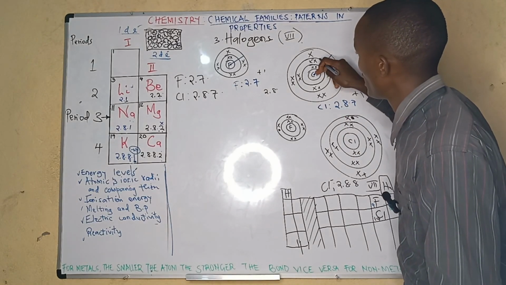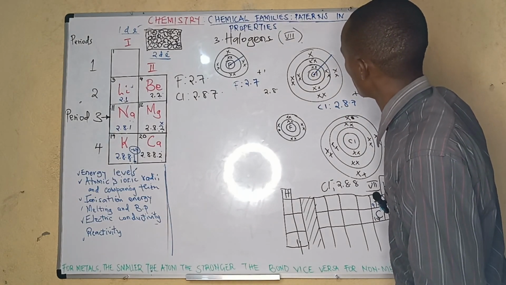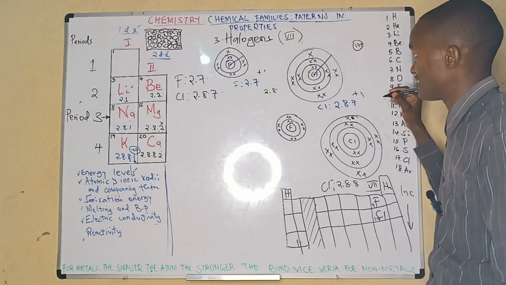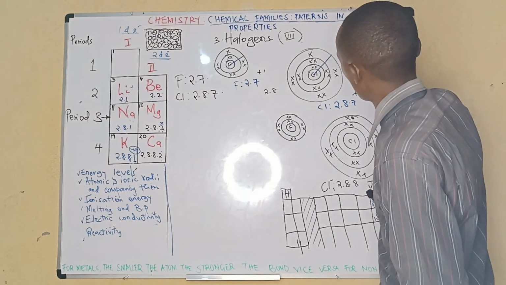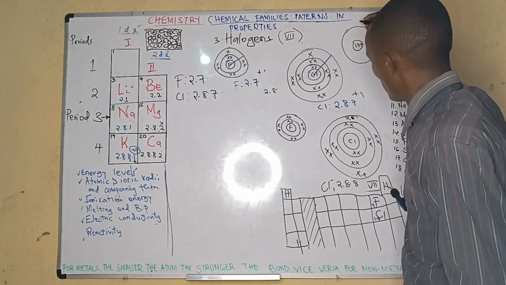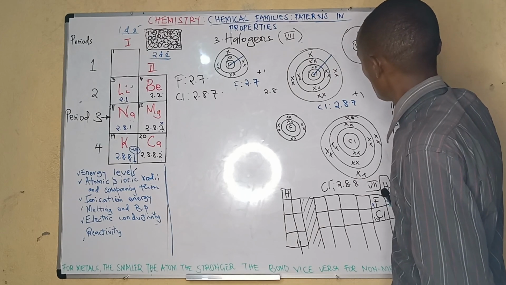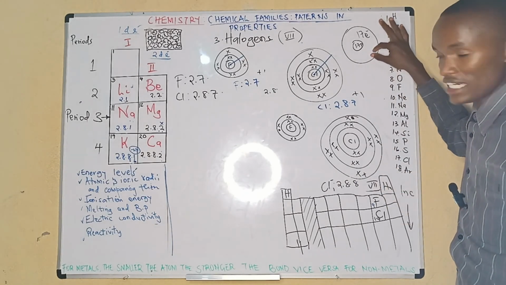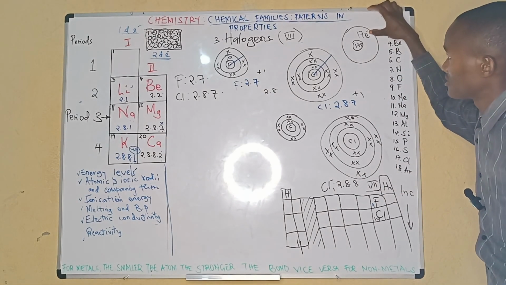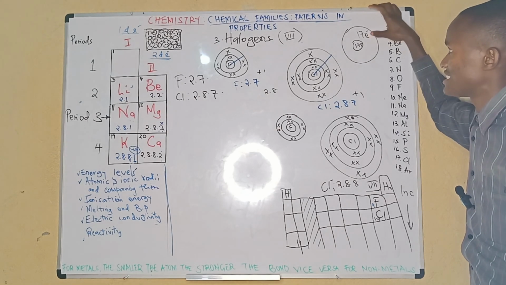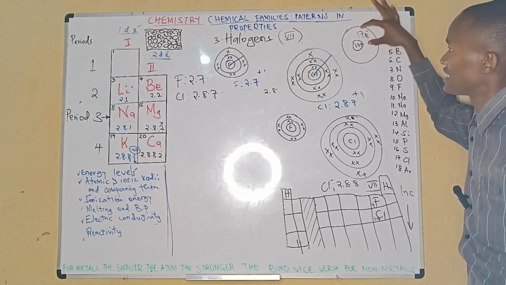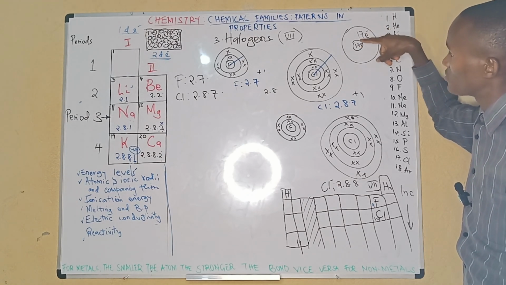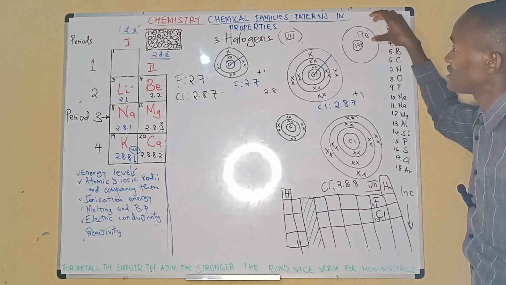So this chlorine atom at the center has 17 protons, or 17 positive charges, and the energy levels have 17 electrons. 17 protons, 17 electrons, therefore the charges are balancing. We have the same number of protons as electrons. And this attraction we call nuclear attraction, the attraction between the positive charges and the negative charges in the energy levels.